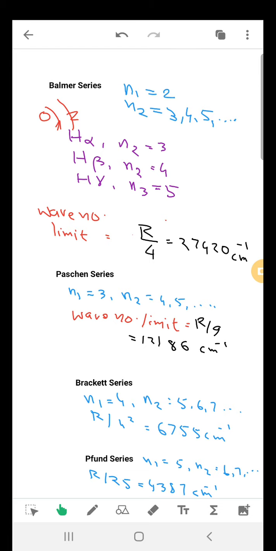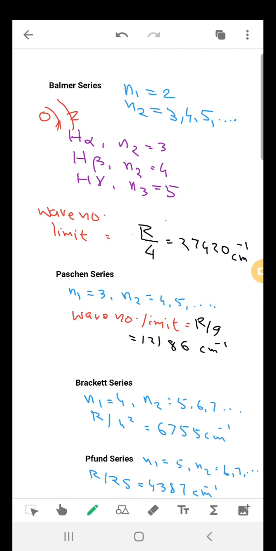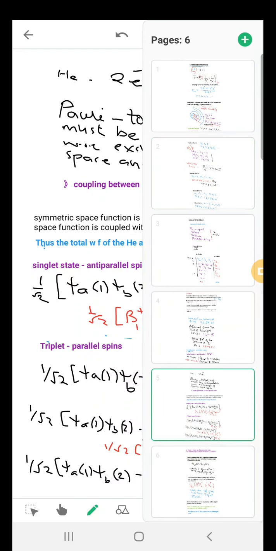For different electrons coming from different states, we have these different possible hydrogen lines in the Balmer series, and the wave number limit is at n equal to infinity.